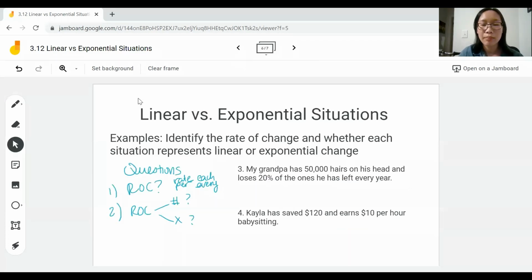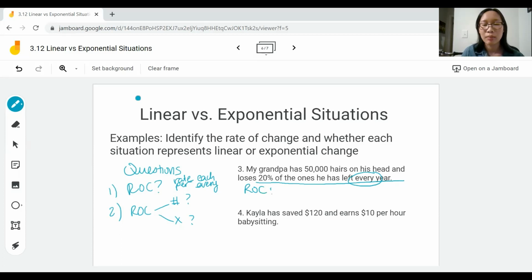In our third example, we have my grandpa has 50,000 hairs on his head and loses 20% of the ones he has left every year. I'm looking for keywords for rate of change, and I see the word every, so every year, and my rate of change is 20% of the ones he has left every year.